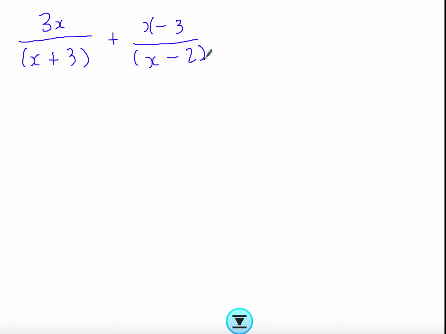So if I have 3x over x plus 3 plus x minus 3, and I'll put the brackets in there, I have x minus 3 over x minus 2. And I want you to write this as a single fraction. And you can pause the video and try it out.